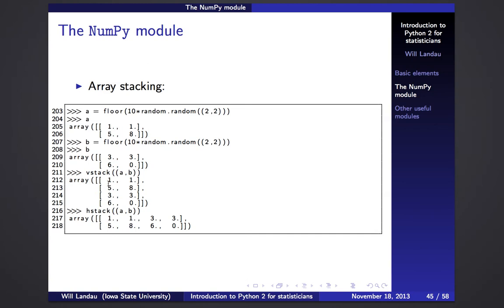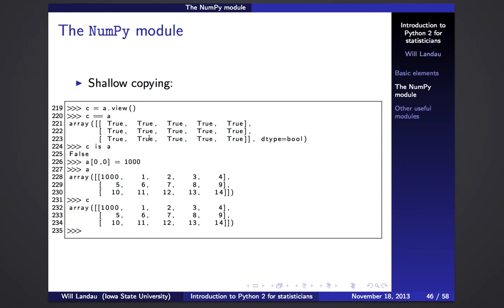You can stack arrays. vstack is similar to rbind in R. It takes all the rows of A, puts them on top of the rows of B, and gives me a new array. Here's A, here's B. And hstack is similar to cbind, and this is the return value. Again, speeding through this really fast, but this is where you start looking for familiarity in Python.